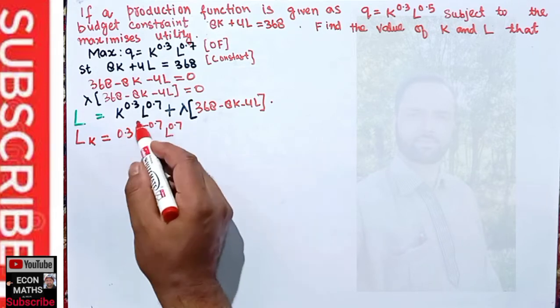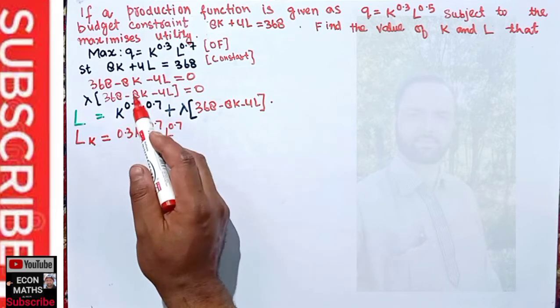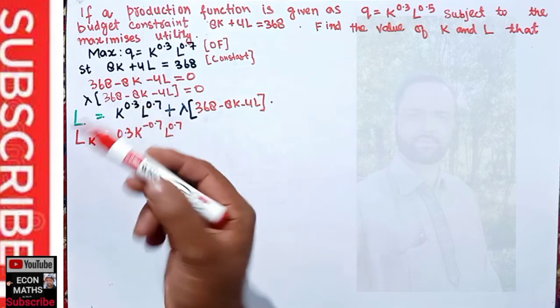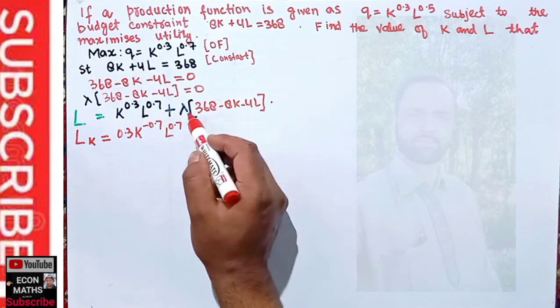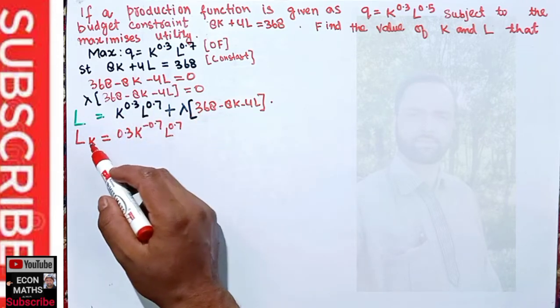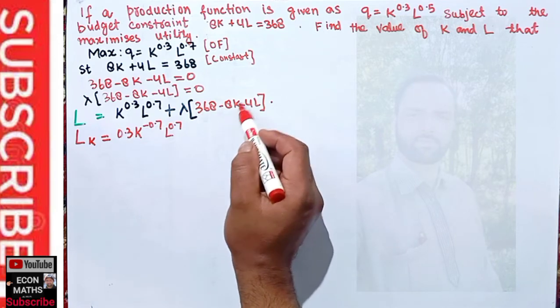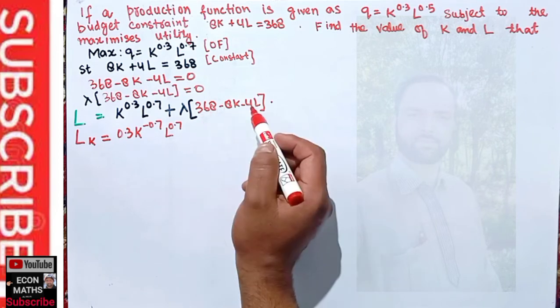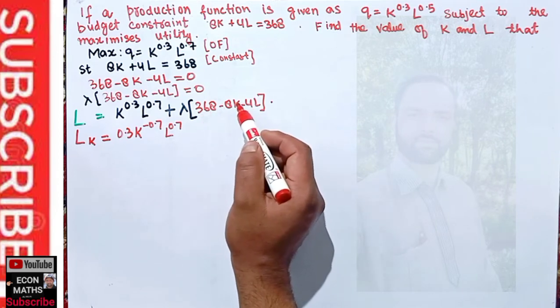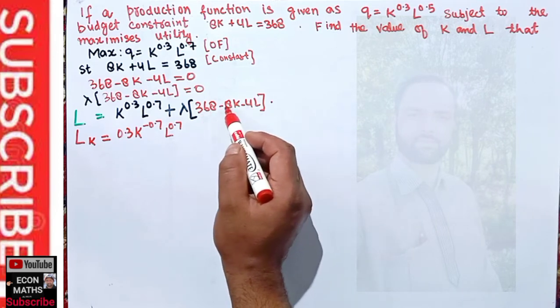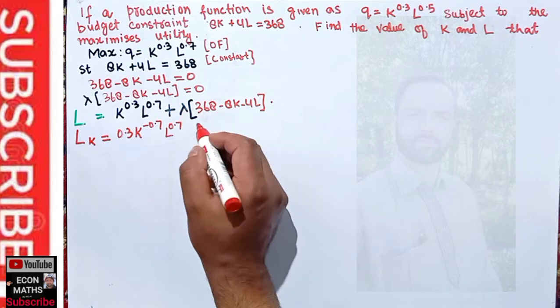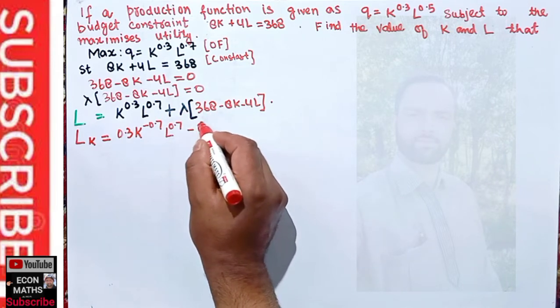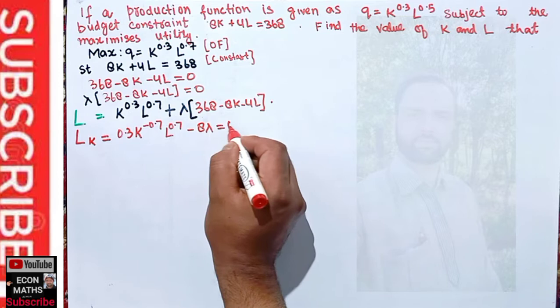This is by the power function rule: the power becomes the coefficient and the power is reduced by 1. Since we are differentiating with respect to capital, all the other terms will become 0. The derivative of k is 1, so this is minus 8 into 1 times lambda, so we have minus 8 lambda, and we set it equal to 0.